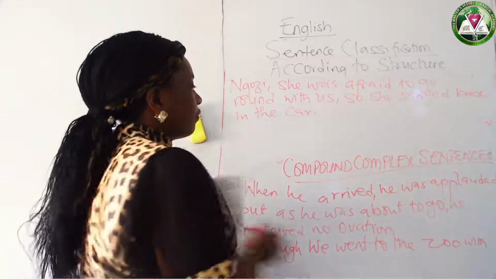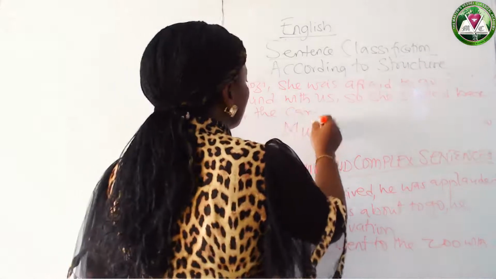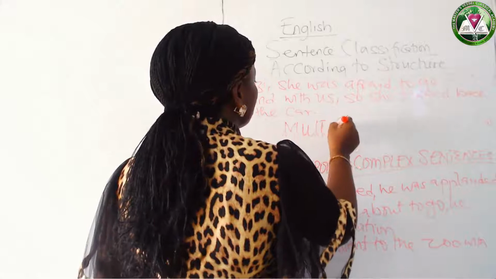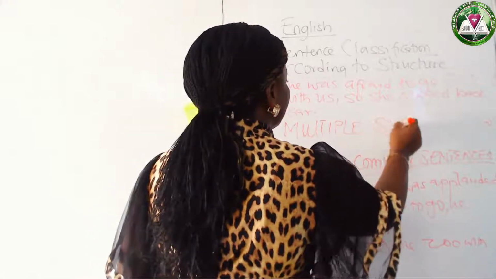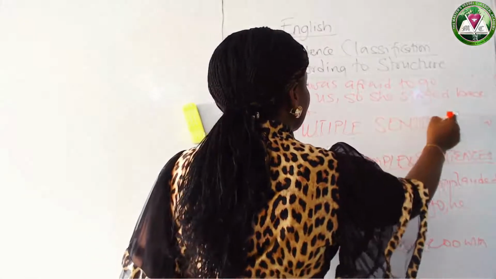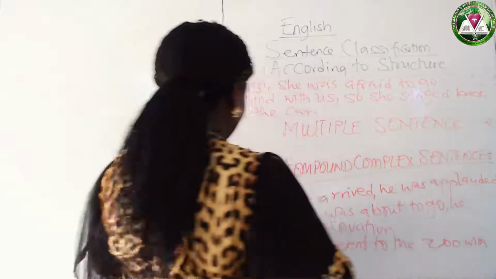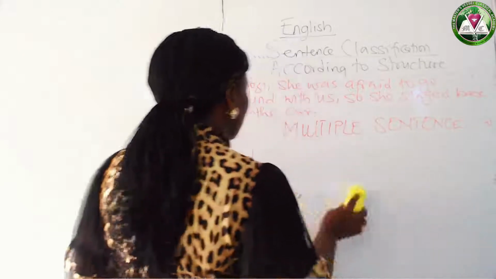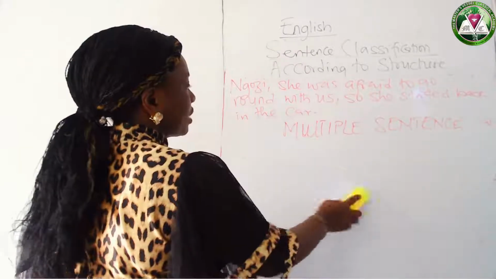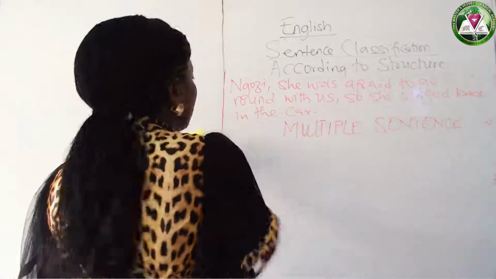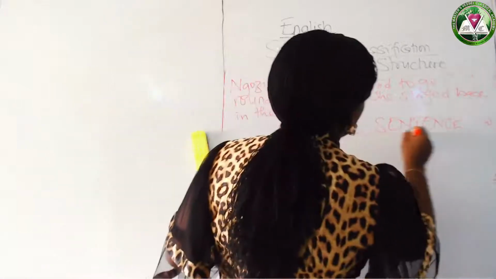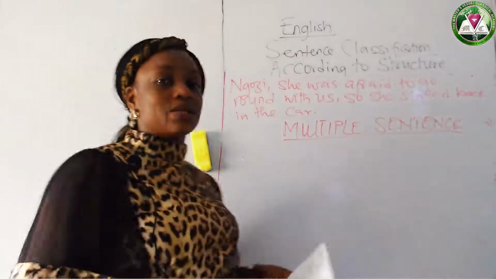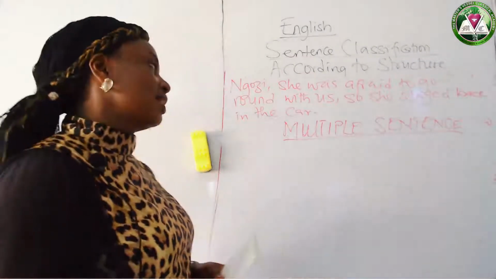Then we have the last one, which is a multiple sentence. Like I said earlier, constructing multiple sentences can be quite complex, because here we use both simple, compound, complex, the compound complex, we all put them together in a sentence.